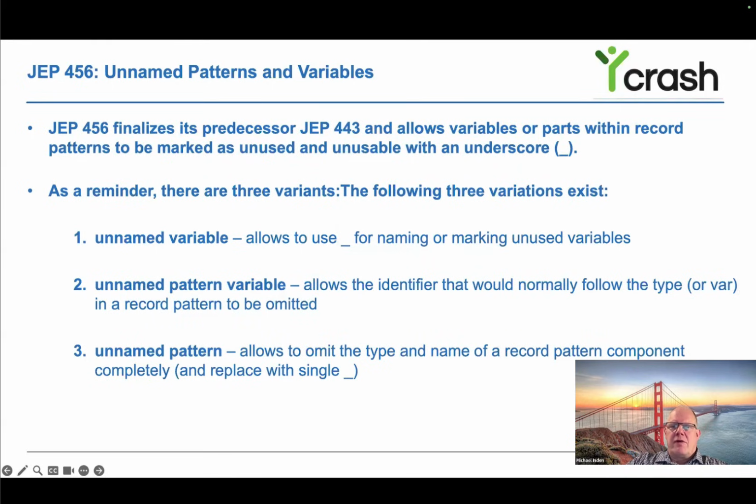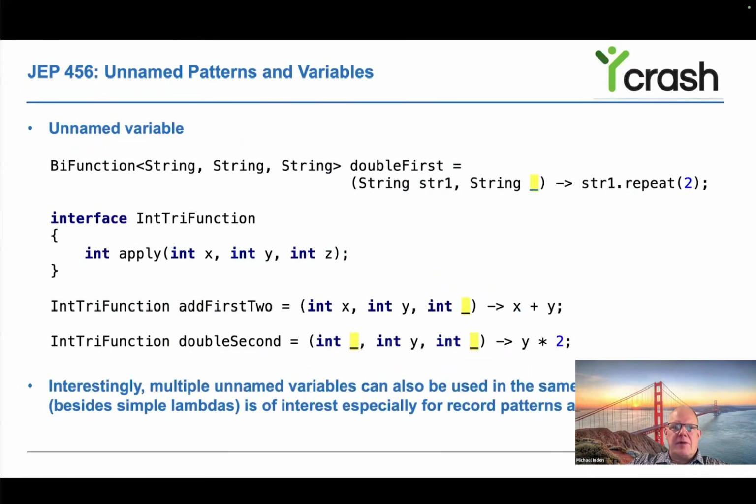We have one identifier, one part of the pattern to be marked as unused, and we can even use the complete pattern and replace it with a single underscore. Let's go through the examples. We just saw this lambda expression. The lambda expression is far easier. Now it's obvious that this is unused.